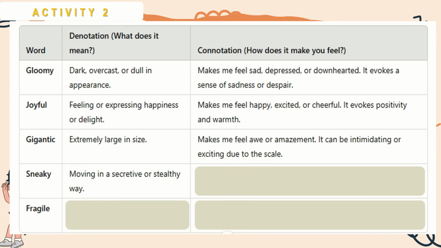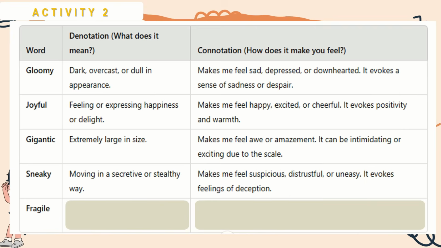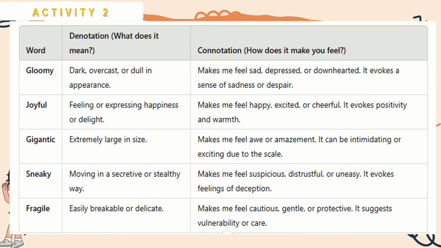Sneaky, moving in a secretive or stealthy way. Makes me feel suspicious, distrustful, or uneasy. It evokes feelings of deception. Fragile, easily breakable or delicate. Makes me feel cautious, gentle, or protective. It suggests vulnerability or care.